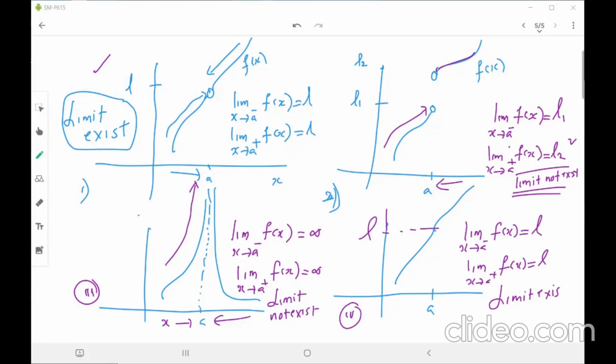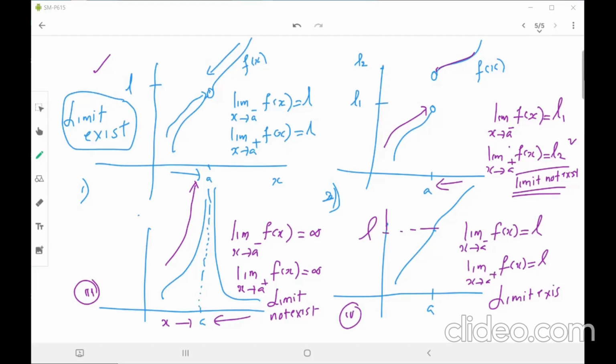I hope you understood from the graph how we can find whether the limit exists or not. Now let me ask you one question. What is the difference between example 1 and example 4? Both have the limit existing.